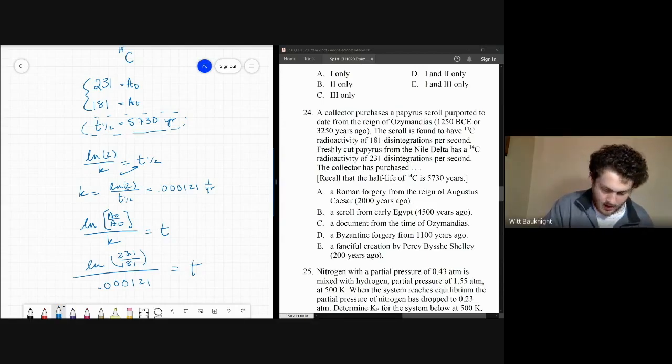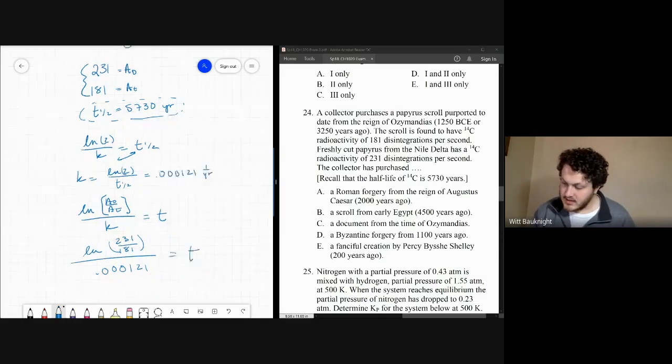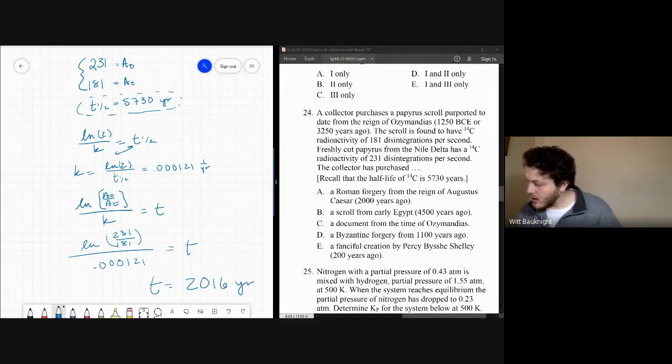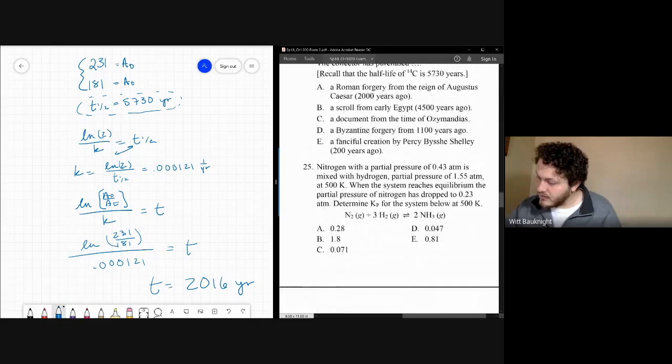So I'm plugging into my calculator ln of 231 divided by 181, making sure I'm doing all the values right, divided by 0.000121, and I get time is equal to 2016 years. So that will be closest to A, something that happened 2,000 years ago. Let me double check. Yeah, good.